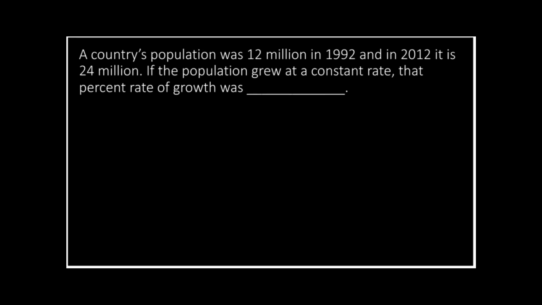Now let's talk about this one. A population was 12 million in 1992, and in 2012 it was 24 million, right? It's doubled. So if the population grew at a constant rate, what was the percent rate of growth? The first thing we need to do is 2012 minus 1992. I think it's 20 years, but I want to make sure.